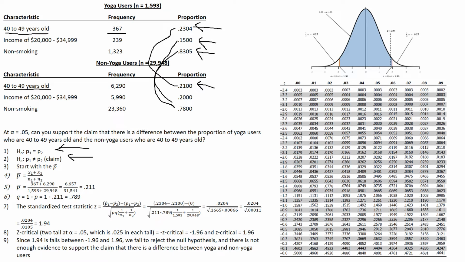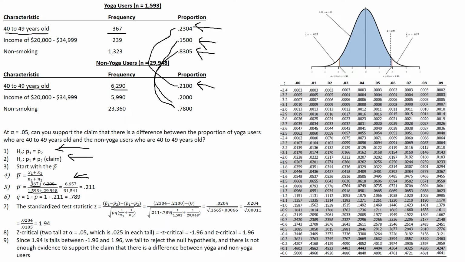Let's find our population first. Our population of yoga users who are 40 to 49 is 367. Non-yoga users is 6,290. When I add those two up, that's 6,657. And then of all the people sampled, it's 1,593 total yoga users and 29,948 non-yoga users.